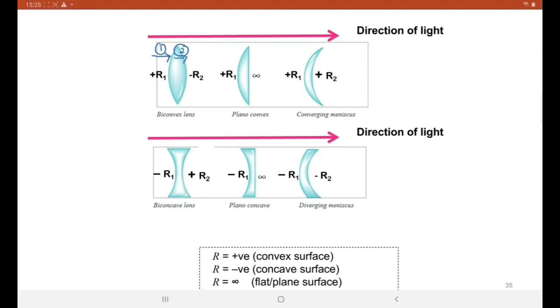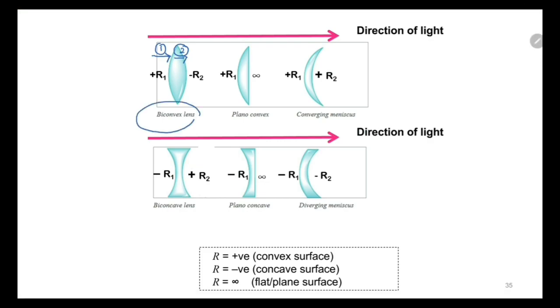To determine the sign convention of R, we look at the surface where the ray is encountered. I take a biconvex lens. The ray encounters the first surface and the surface is convex, or curving outward. Therefore, R1 will be positive. Next, the ray encounters the second surface and the surface is concave, or curving inward. Therefore, R2 will become negative.